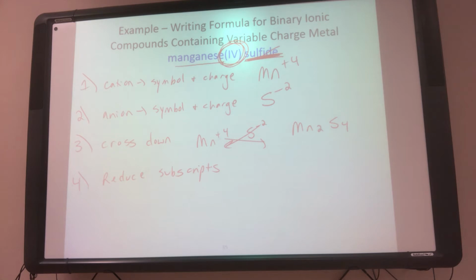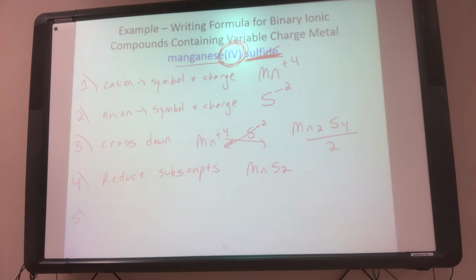So I can actually reduce these. I can reduce it all by a factor of 2. So that would give me MnS2. Because remember, ionic formulas are empirical, not molecular. So I need to have just the ratio. So divide by 2 to get MnS2.